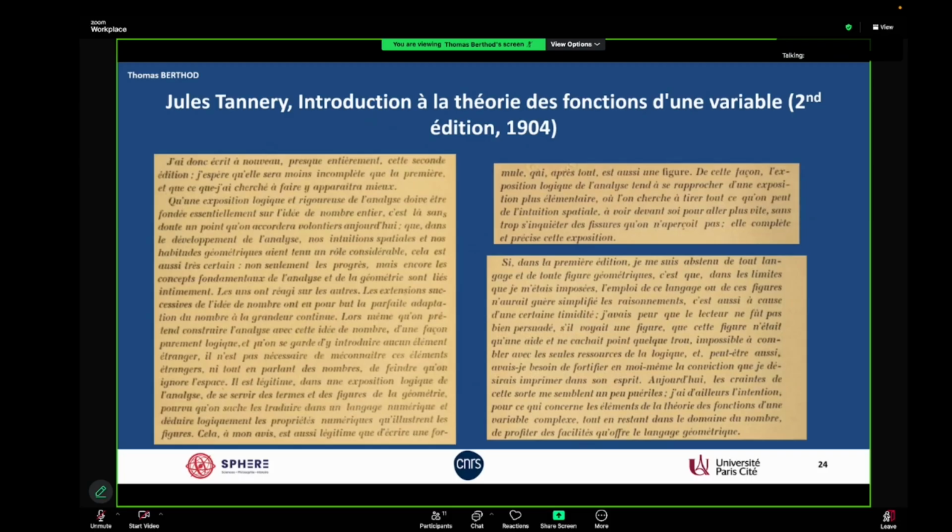And in the first edition, Jules Tannery really said that you should not use geometric or spatial arguments in analysis. You should only use algebraic formulas and really express everything like that. And in the second edition, I put the introduction here, you could see that his position evolved. He said, for example, profiter des facilités qu'offre le langage géométrique, at the end of the quotation here. Sorry, it's a big quotation.